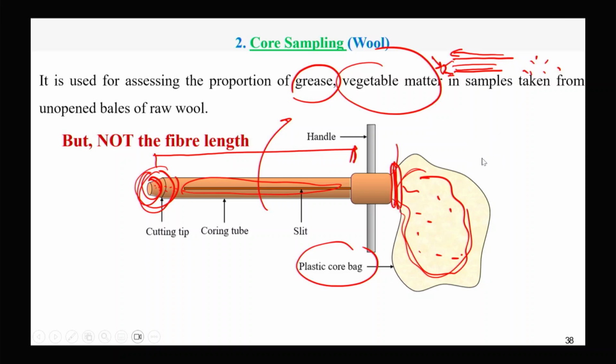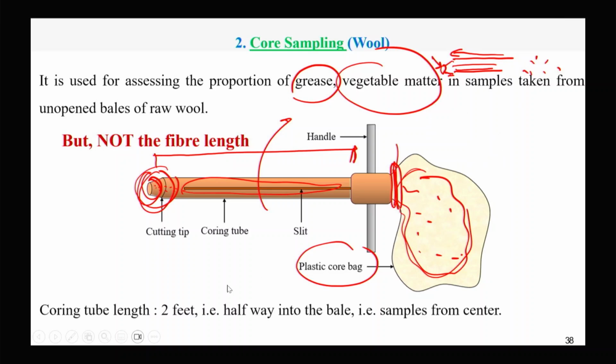You can see that the coring tube length is approximately 2 feet, which is typically half of the bale size, so that you are penetrating to the center of the bale.